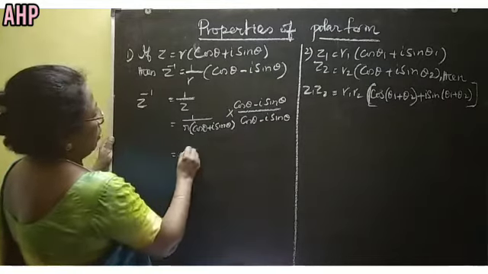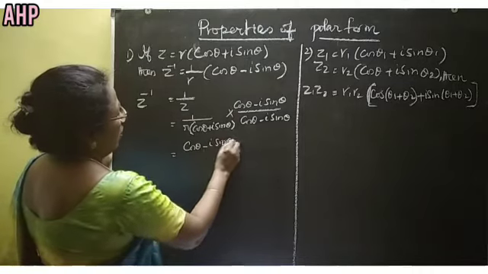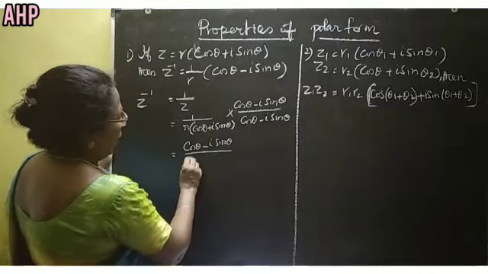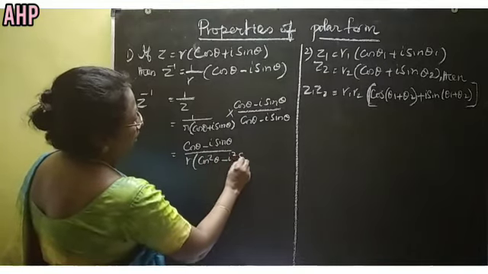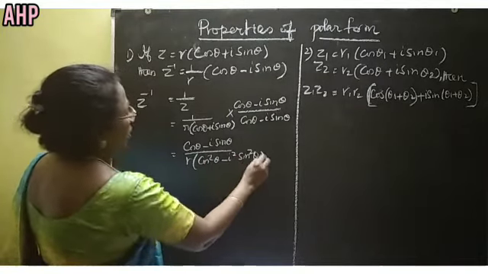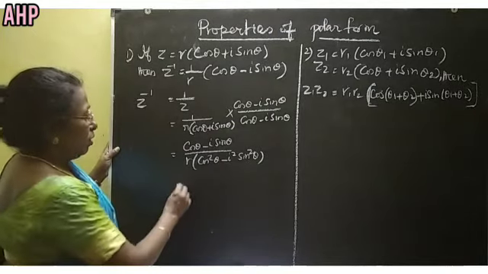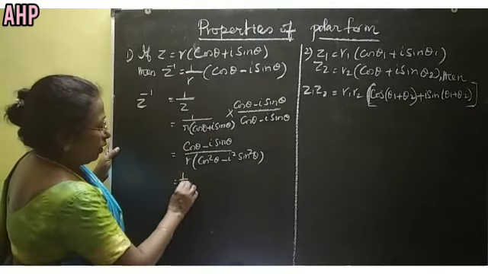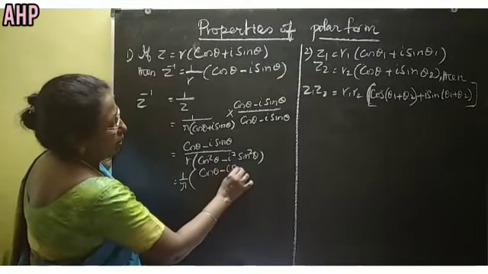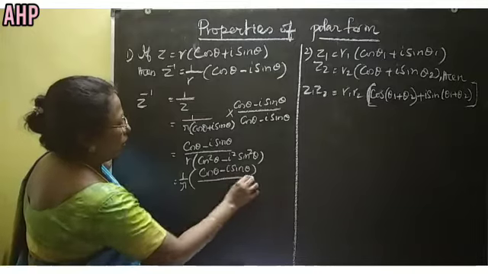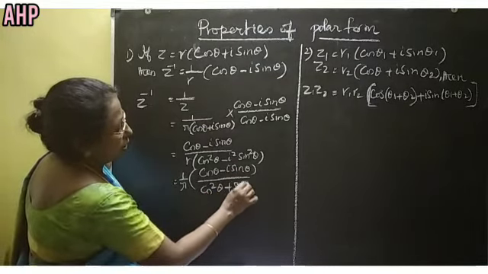So, this is equal to cos theta minus i sin theta divided by r into cos square theta minus i square sin square theta. So, i square value is minus 1. So, this denominator will become plus. So, this is equal to 1 by r into cos theta minus i sin theta divided by cos square theta plus sin square theta.